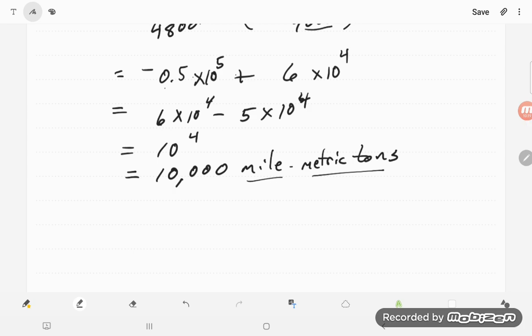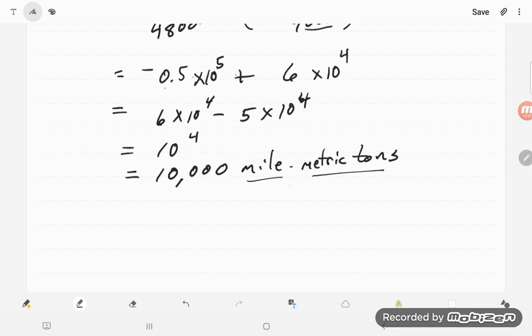But now they want to change it to foot pounds, and so we would have to look up. I think a metric ton is 2,200 pounds. So I'd have to take their word for it. I suppose we can check it.